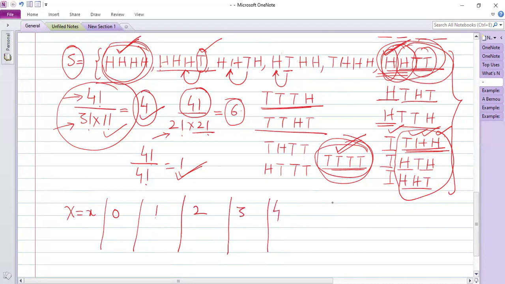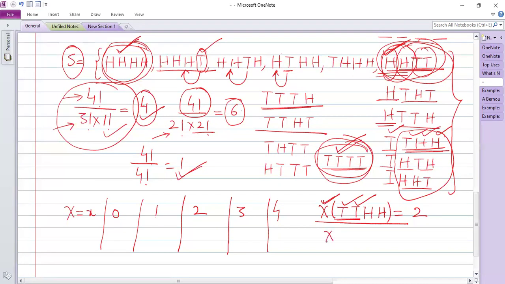Why? What is the value of X at tail, tail, head, head, at this element of the sample space? It is nothing but 2, because there are two tails. X is the number of tails in any element of the sample space.